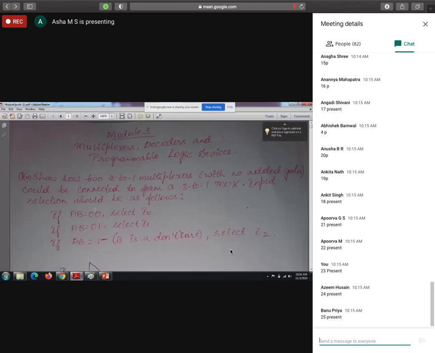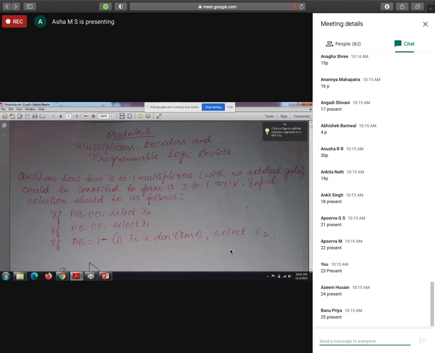They have given the condition of how we should select the inputs. We are using two 2 to 1 multiplexers, one control input for one multiplexer and another control input for the other multiplexer. In total we have two control lines, that is A and B. When A, B are 0, 0, I need to select input I0.